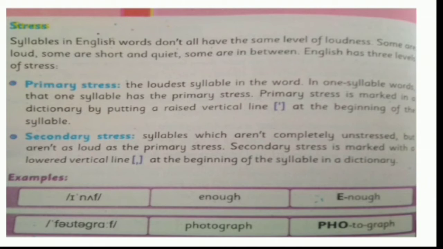Next, if we have to put stress on a syllable, we have to put stress on the vowels, because only vowels are stressed, not consonants. So these 2 points are very important.